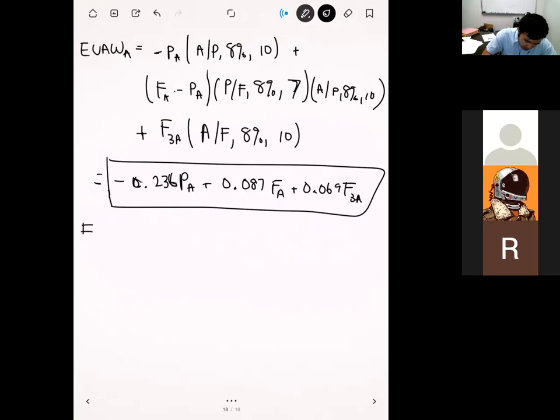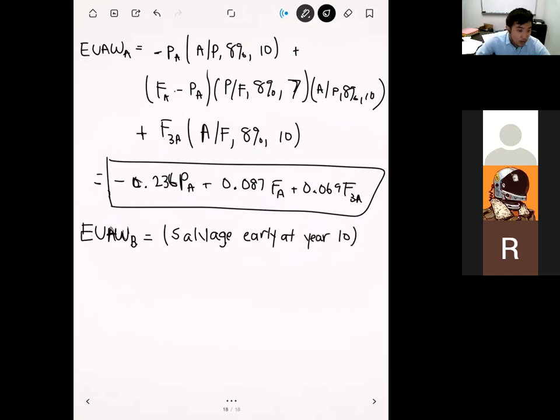Option B is actually a little bit simpler, so I'm not going to draw the cash flow diagram for option B, because option B has a useful life of 13 years. We never have to buy a replacement for option B, but we will have to salvage early at year 10.